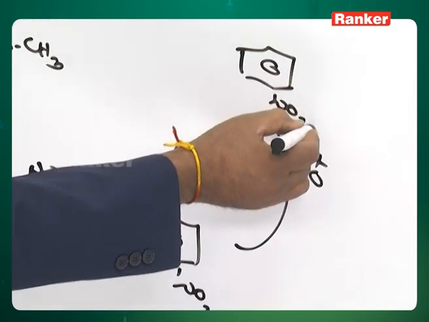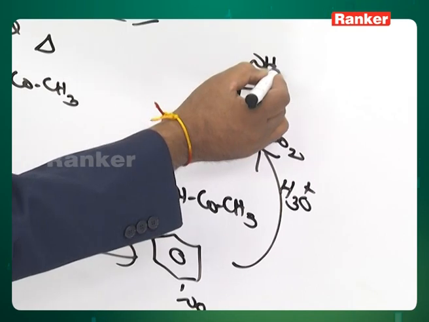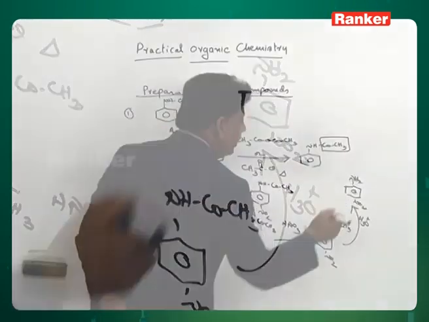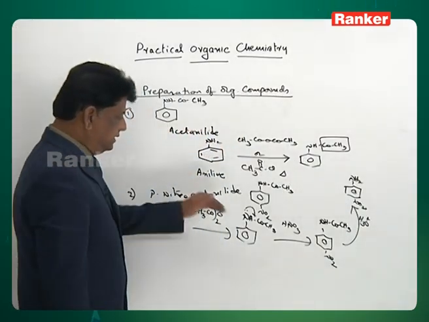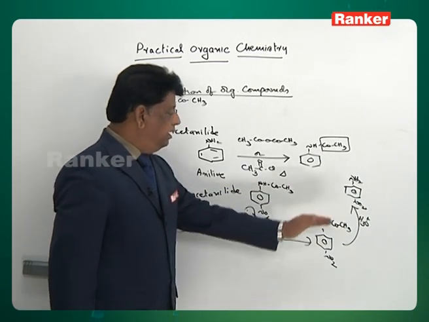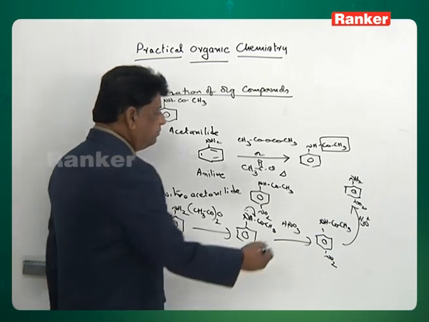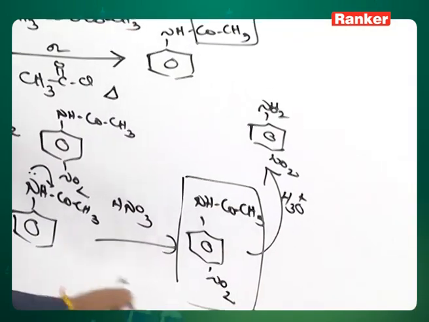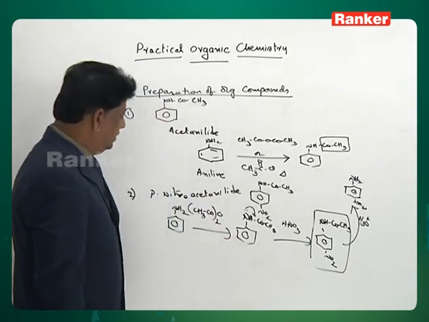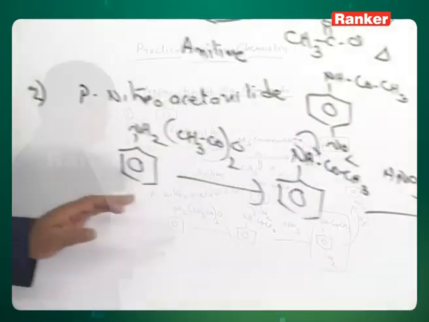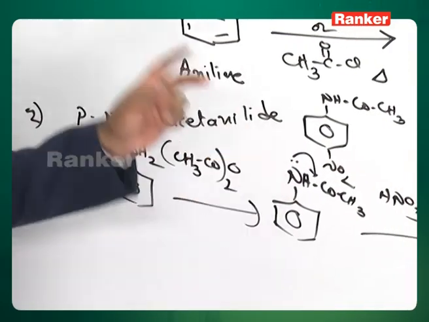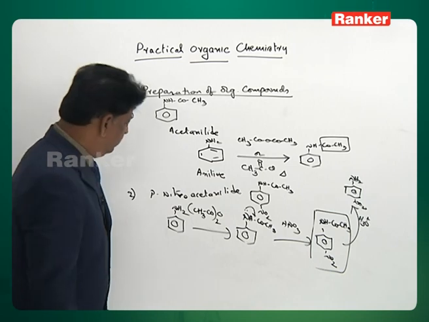That is one method of preparing paranitroaniline: acetylation, nitration, deacetylation. But our experiment is up to paranitroacetanilide. Don't nitrate aniline initially; first acetylate it, then nitrate it, that is the correct procedure.